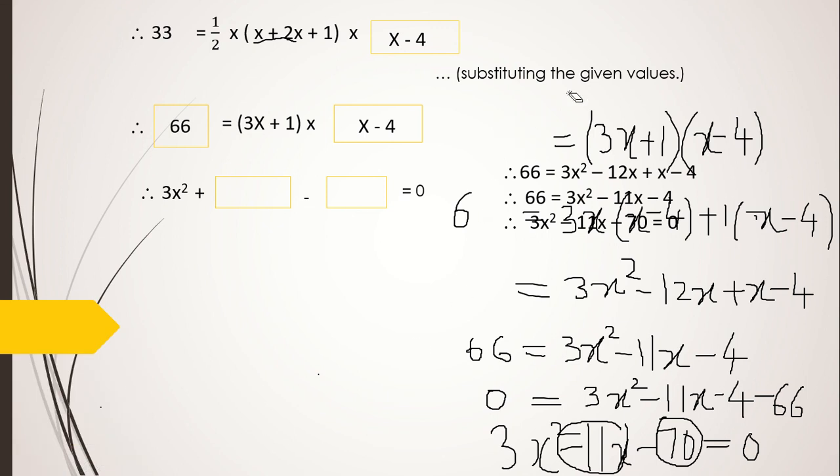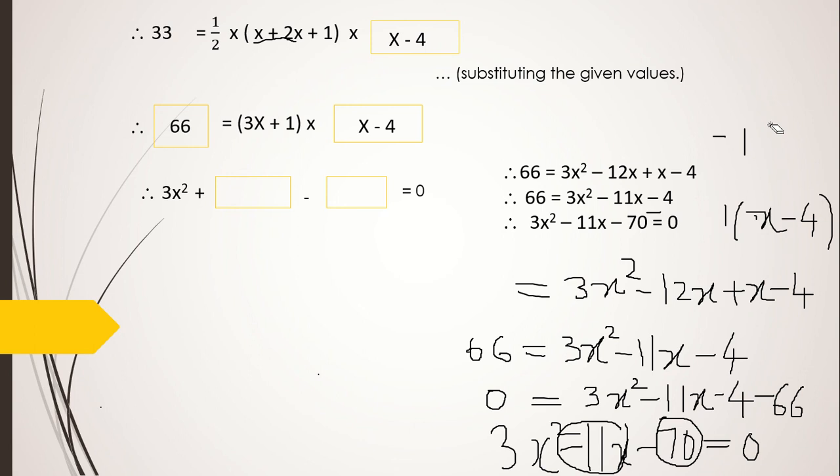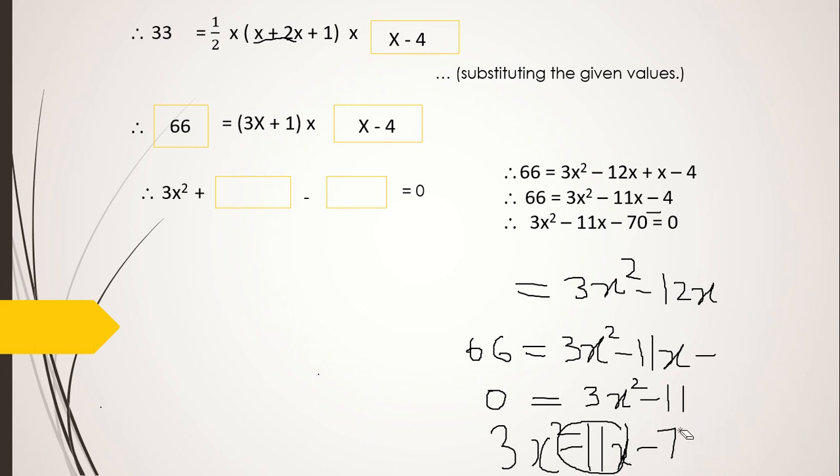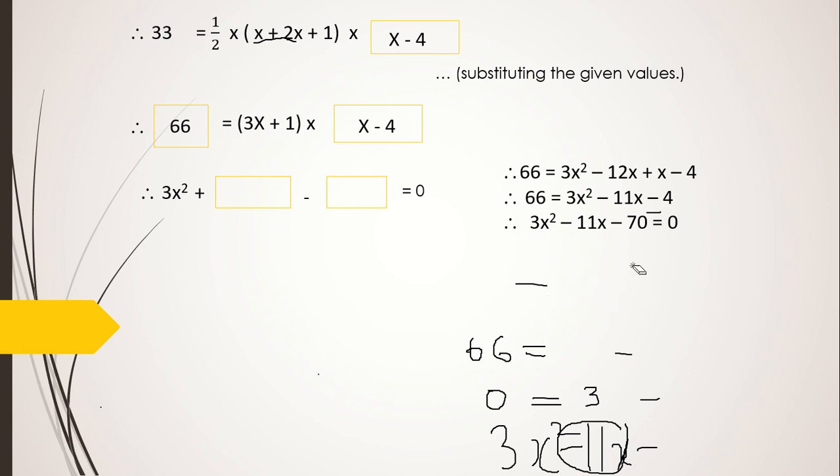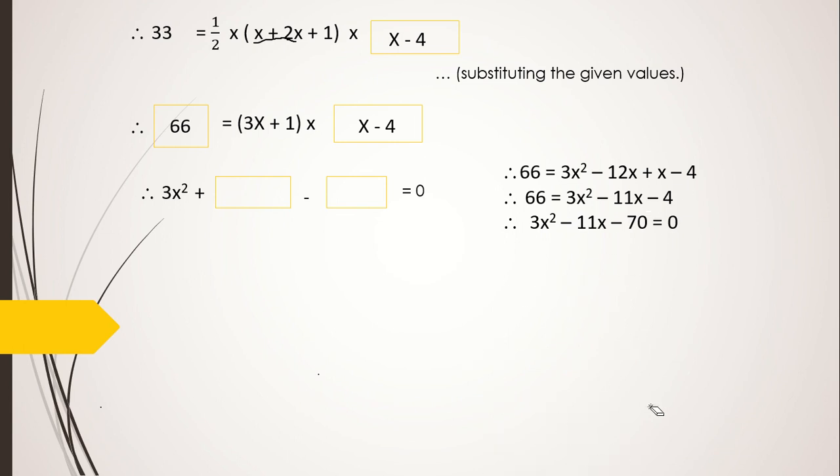So let me just erase this, and then we will add the numbers in the boxes. I've solved this side also and shown how that came. 3x square minus 11x minus 70 is equal to 0.